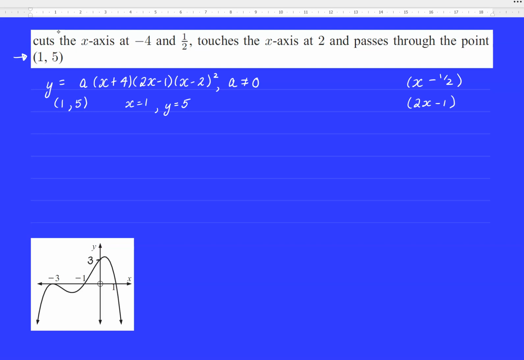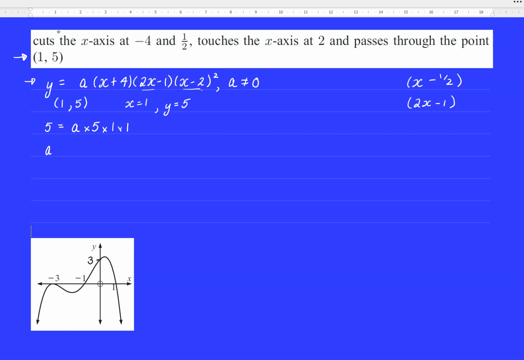So I take that information and sub it into the original. Instead of y, I'm going to replace that with 5. a stays where it is, and x becomes 1, so 1 plus 4 is 5, times, when x is 1, 2 times 1 is 2, take 1 is 1, go on to the next one, 1 take 2 is minus 2, but minus 2 squared is 1.